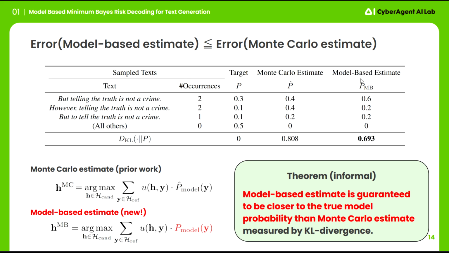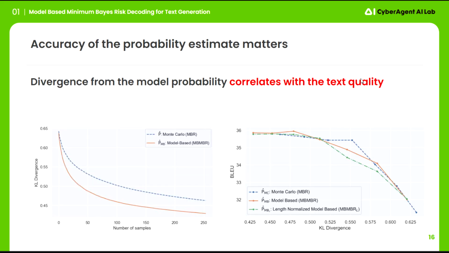Well, we were talking about MBR decoding. Do we actually care whether the KL is larger or not? Actually, we find that KL divergence really matters for MBR decoding. Divergence from the model probability correlates with the text quality.